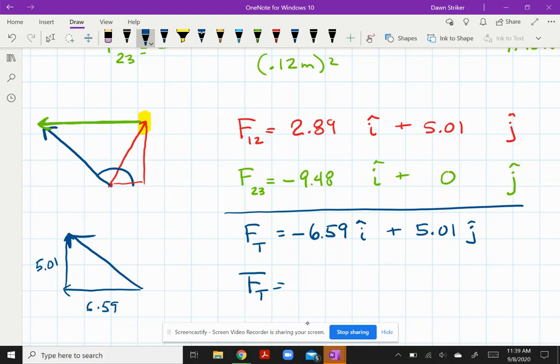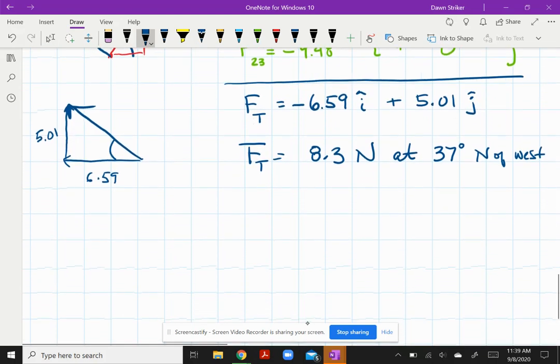Now I'm going to write it as 8.3 newtons. And last but not least, I need the angle, using inverse tangent, looks like 37 degrees. And I might say, north of west?